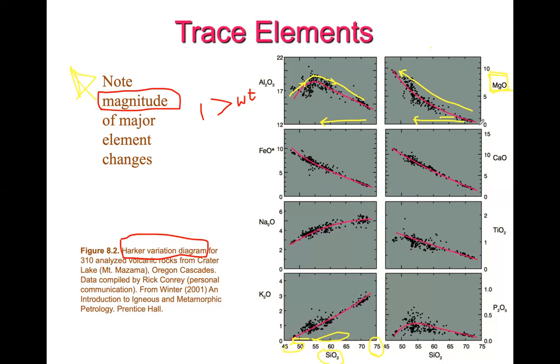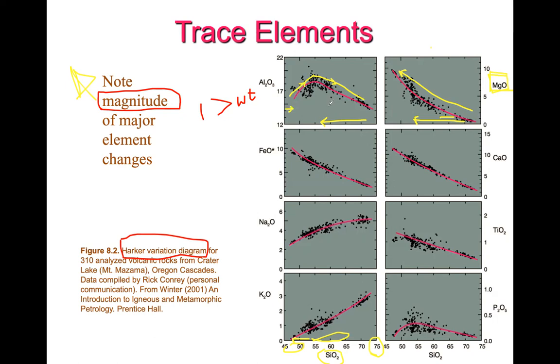So in this case, even though the silica composition from 75 to 45 is a very large range, a very huge change, the magnesium composition in weight percent, from 1 to 10%, has changed, right?